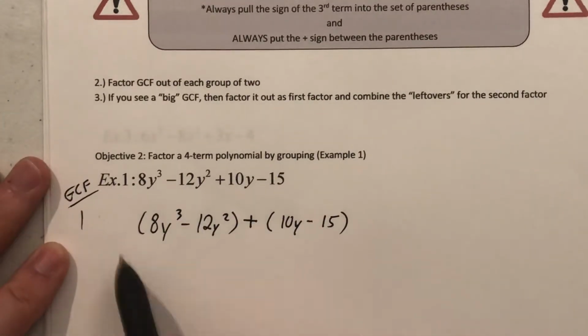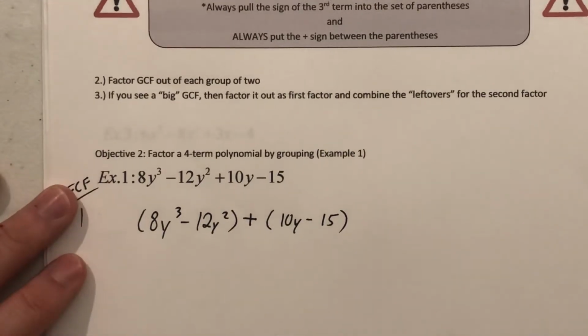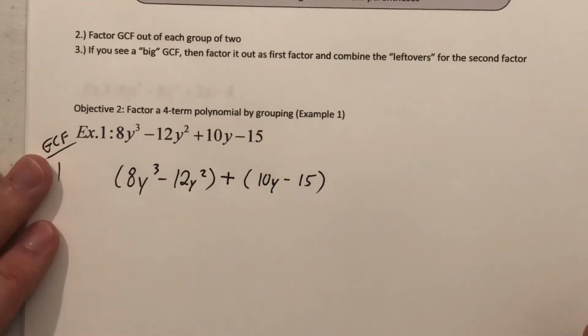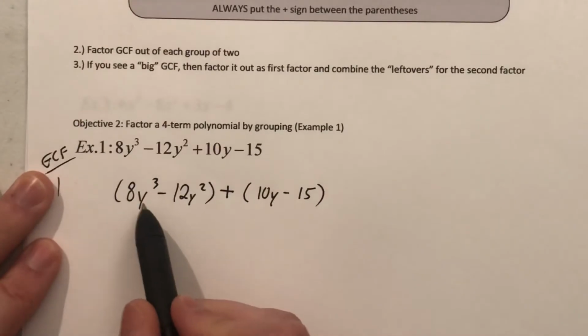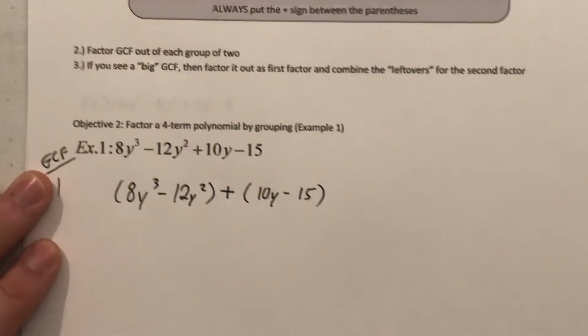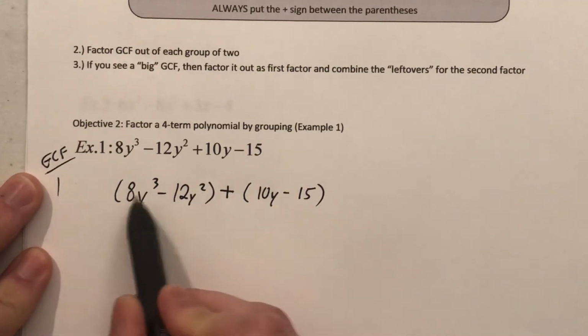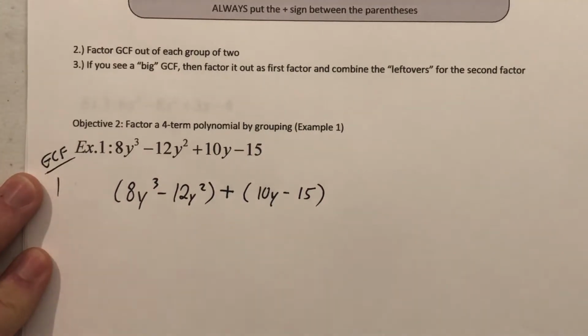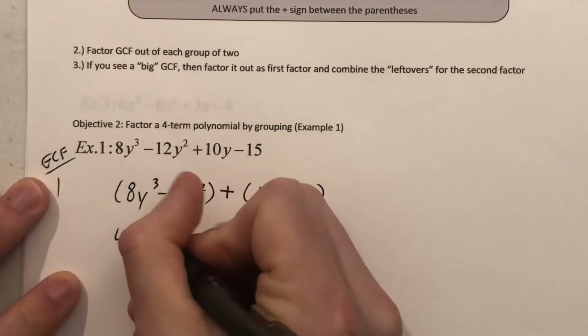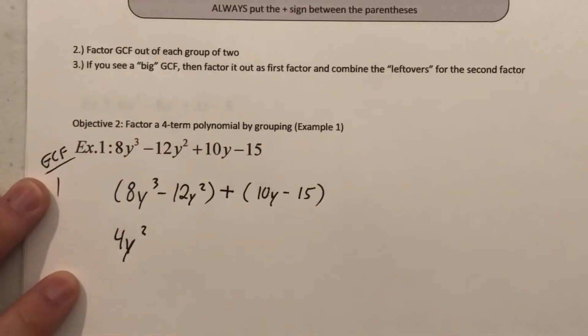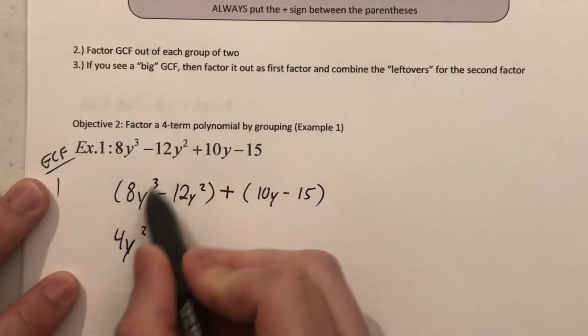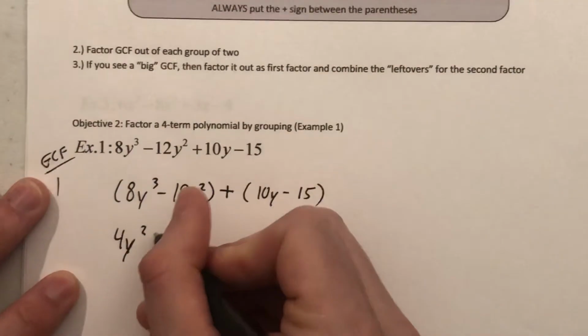Now, after you've done this, this problem really just comes down to a question of, do you know your GCFs? Because we're going to take the GCF again, but from each group of 2 instead. In this case, there was no GCF for all 4, but looking at only 2 terms, 8y cubed and 12y squared, they have a GCF of 4y squared. 4 goes into both of those, and 3 y's and 2 y's, so there are 2 y's in common.